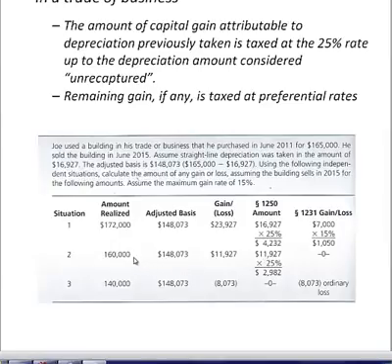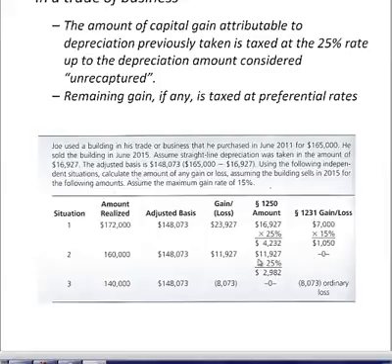Now in situation 2, the building was sold for $160,000. The adjusted basis is still $148,073, so that gives us a gain on the sale of $11,927. Notice that the $11,927 gain is not in excess of the depreciation, so no amount of the gain is in excess of the depreciation, so we get no preferential tax treatment or no Section 1231 gain.